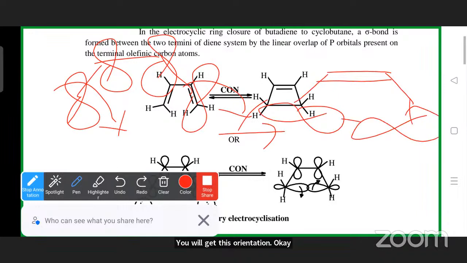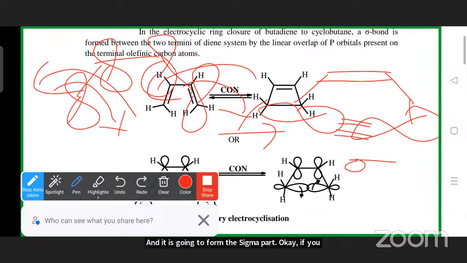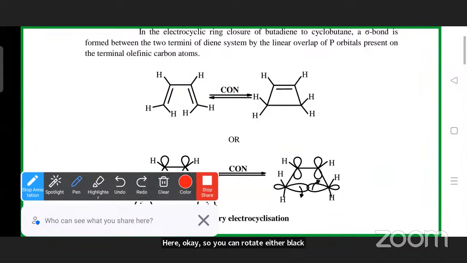Now these p orbitals overlap end to end, and it forms the sigma bond. If you rotate anti-clockwise, in that case also these two p orbitals come closer, the end orbital lobes overlap, and it forms a sigma bond. So you can rotate either clockwise or anti-clockwise, but both orbitals should rotate in the same direction.